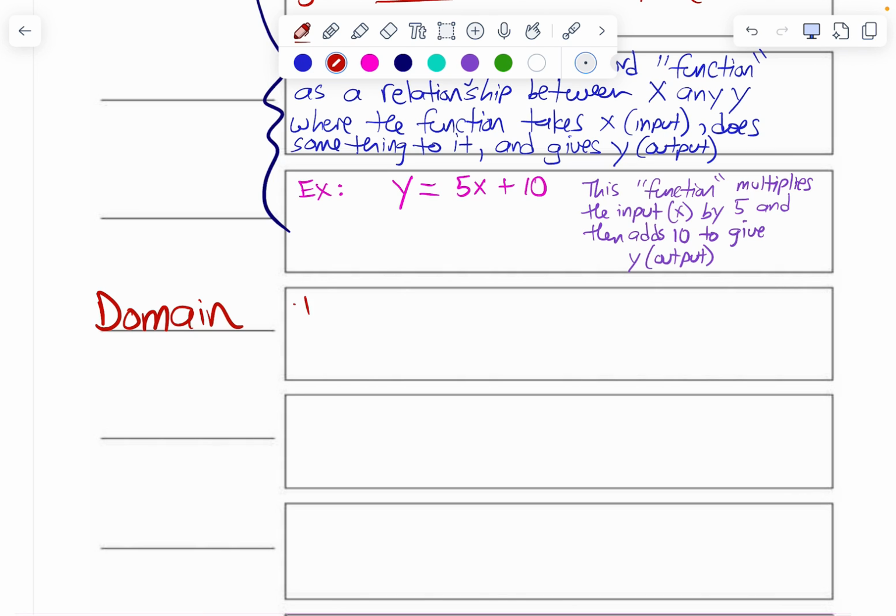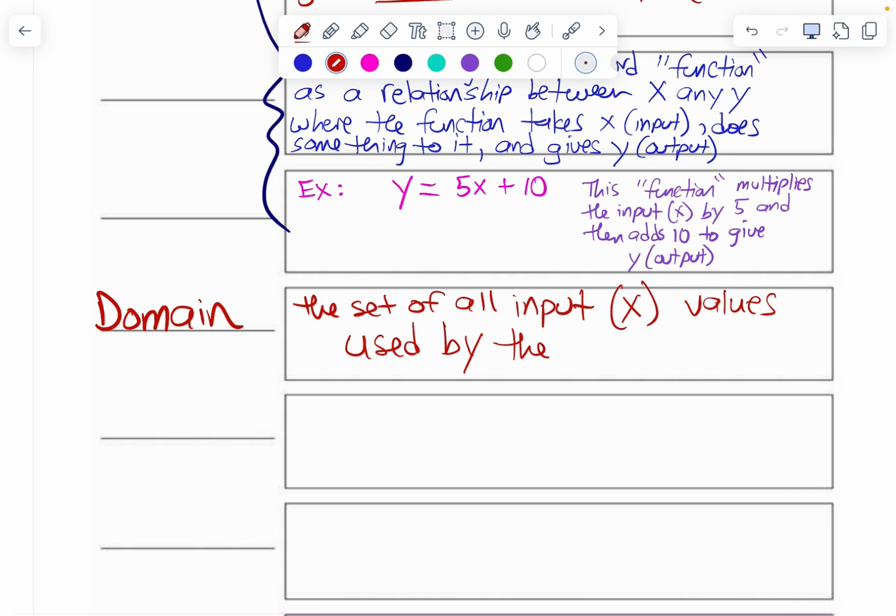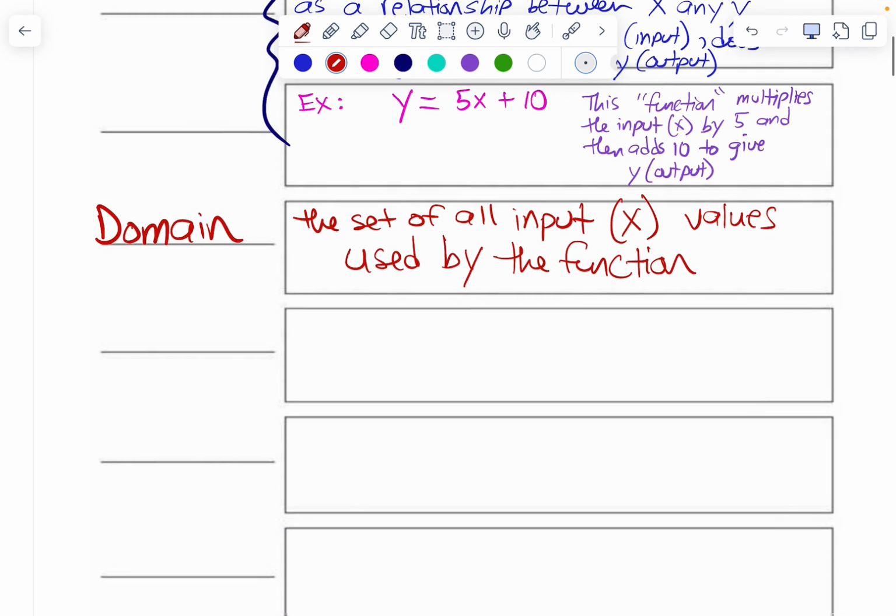Domain is the set of all input, which we know is x, values used by the function. So underneath the word domain, I want you to write x, so that on a quick glance you'll remember, oh yeah, that's x.